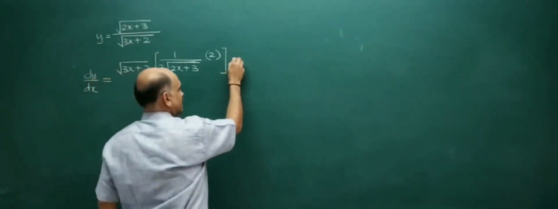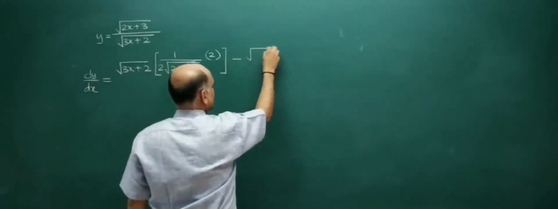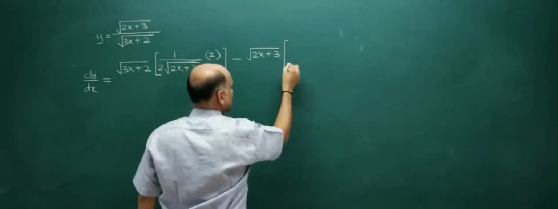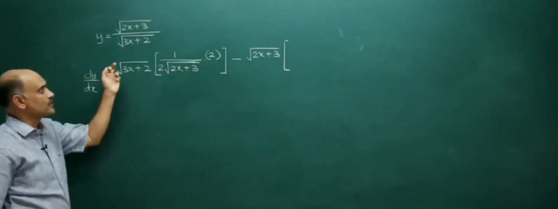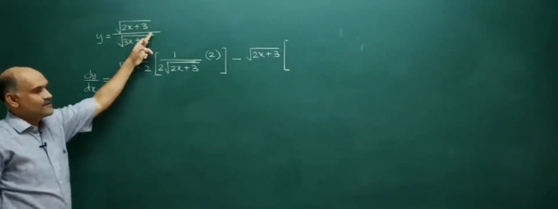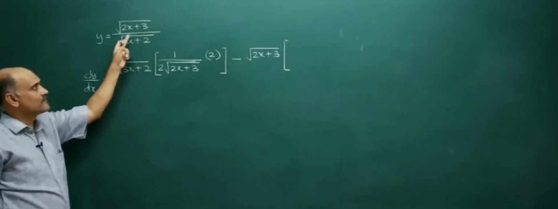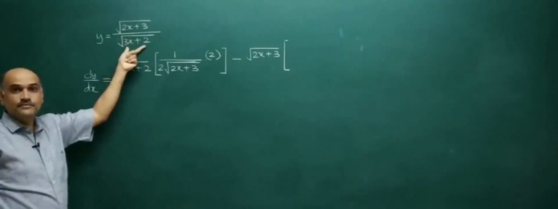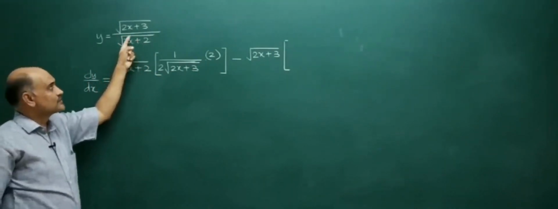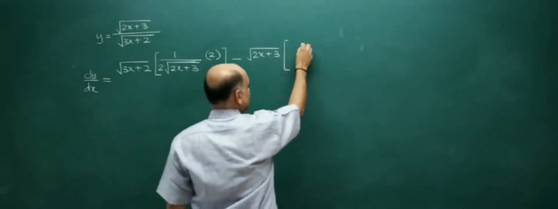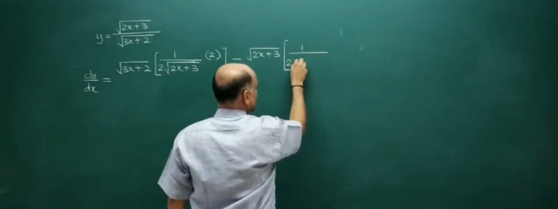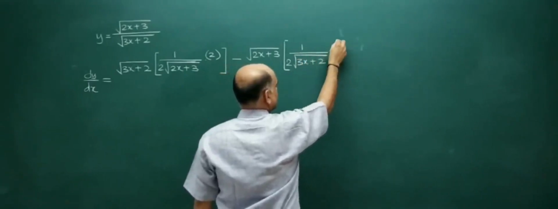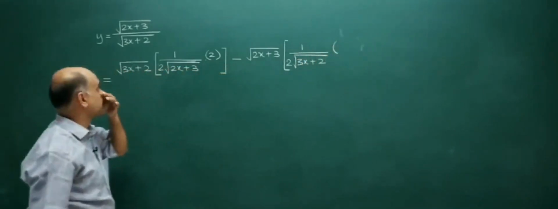Minus numerator, minus root of 2x plus 3 into differentiation of denominator. So again, while differentiating denominator, first you differentiate root and then the term inside the root. So differentiation of root will be 1 by 2 root of 3x plus 2 into term inside the root.